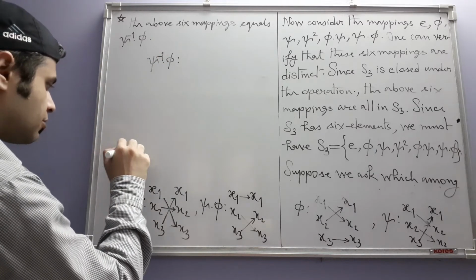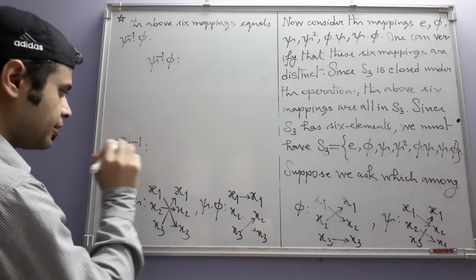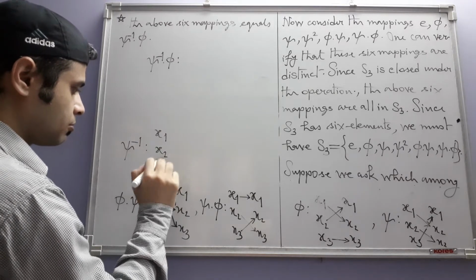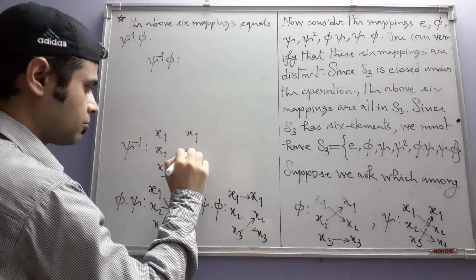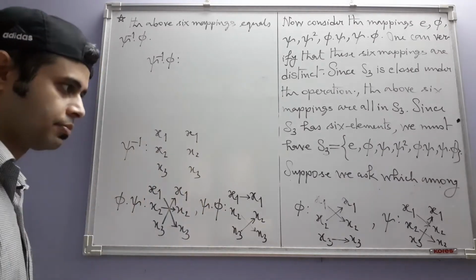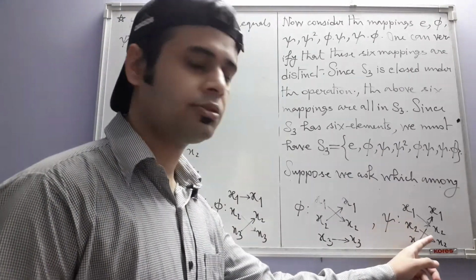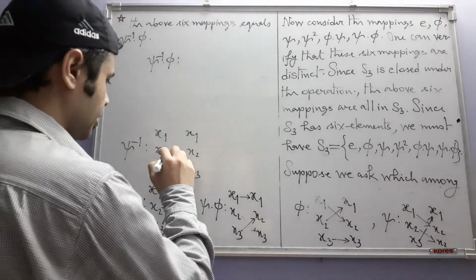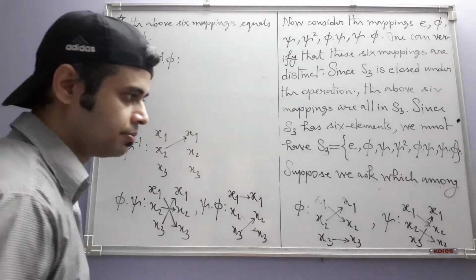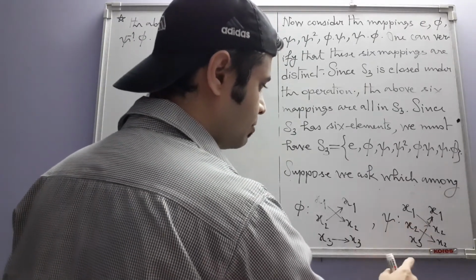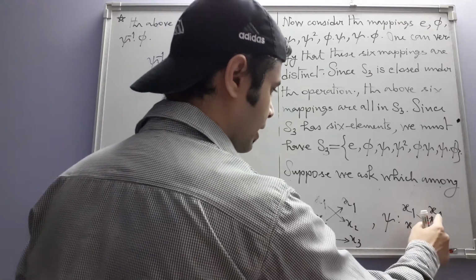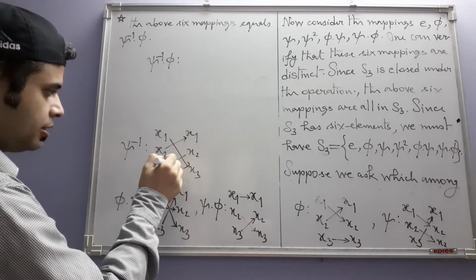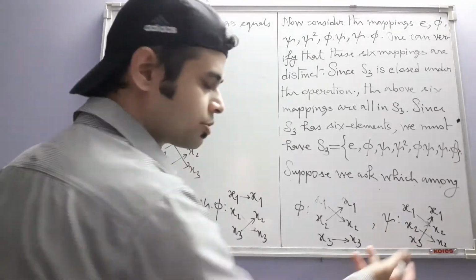Let us first of all write just psi inverse. Psi takes x1 to x2, so psi inverse will take x2 to x1. Just like that, psi inverse will take x1 to x3, so that means x3 has to go to x2 because x2 goes to x3.